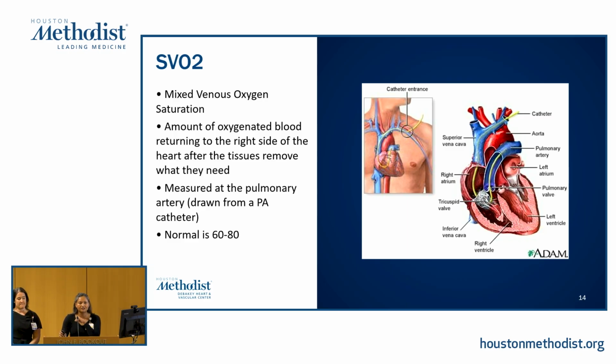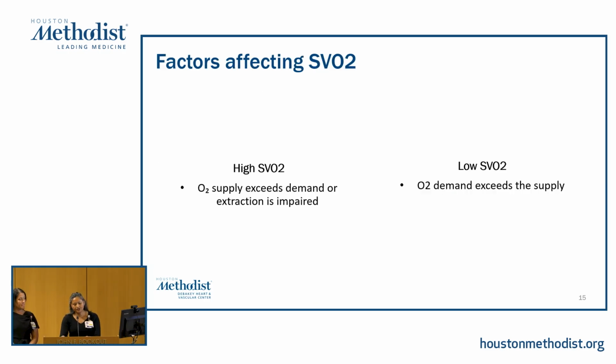So an SvO2 is 60 to 80. An ScVO2, if you draw it from a central line, will be more 70 to 85. Factors affecting your SvO2. So this is really simple. I can get into the weeds on this, but mainly your cause of high SvO2 is when your oxygen supply exceeds demand or extraction is impaired.